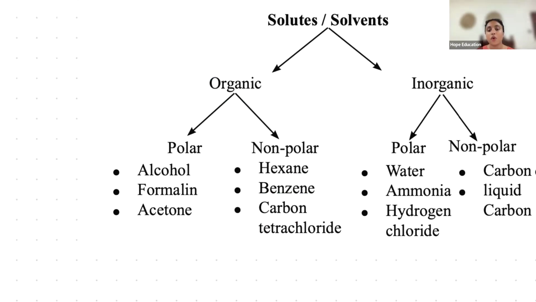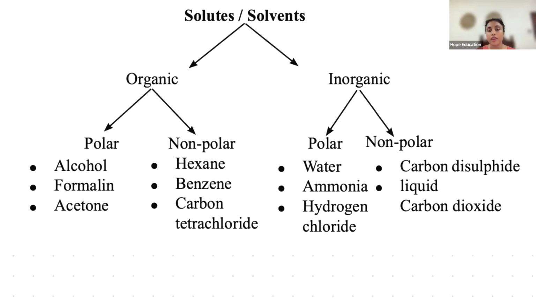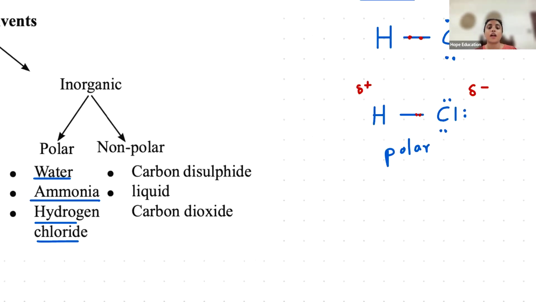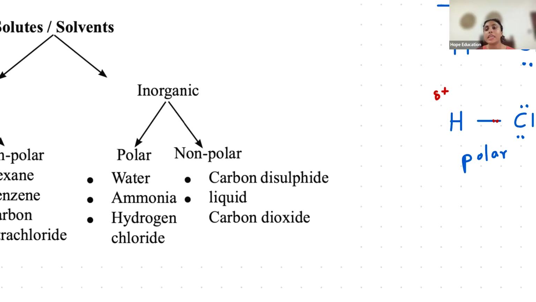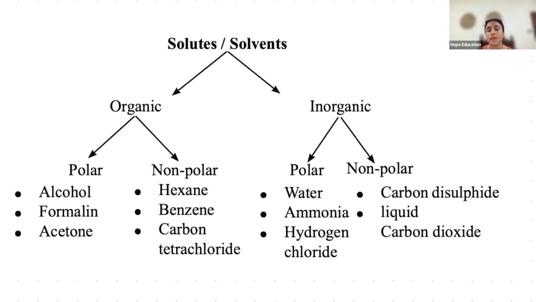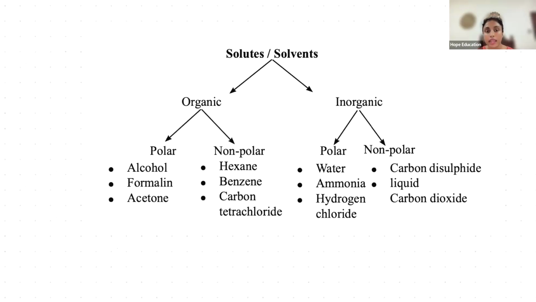Polar inorganic ones are water, ammonia and hydrogen chloride. Hydrogen chloride is this. Non-polar inorganic ones are carbon disulfide and liquid carbon dioxide. So all solutes and solvents can be classified as organic and inorganic, and they can also be classified as polar and non-polar.